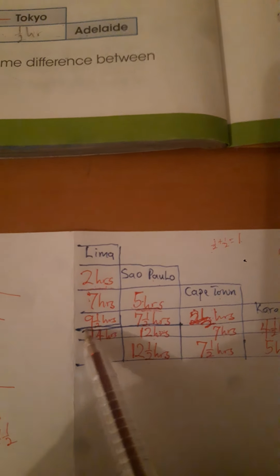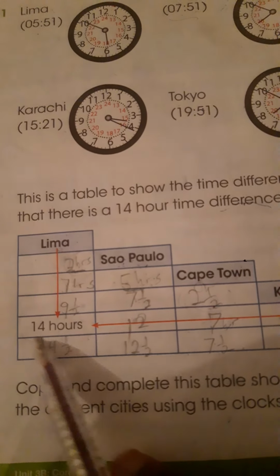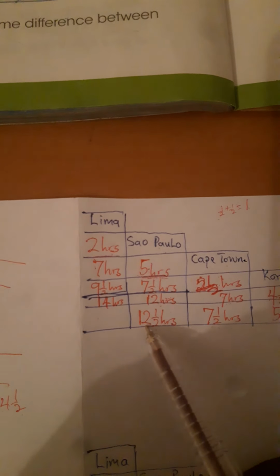And from your book says here is 14. According to your book, so we don't touch this. This is 14. So I still have my 14 intact. Okay, no problem. Now don't forget, between Lima and Sao Paulo, the time difference must be 2 hours. So who can tell me what number will be here? What you need to do is just plus 2 and this. 2 plus 12, you have 14.